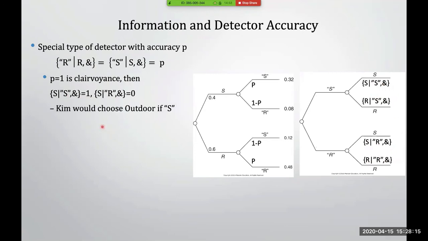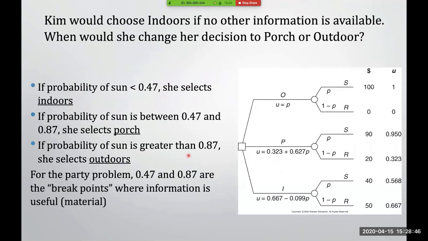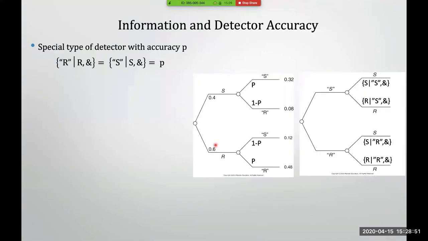So as it turned out, if the information is provided by clairvoyance, then Kim would choose outdoors if the message from the clairvoyant is sunny. Because if the message of the clairvoyant is sunny, then the posterior that the weather is sunny will be 100%, which is beyond the point. Since 1 is greater than 0.87, then Kim would choose outdoors.